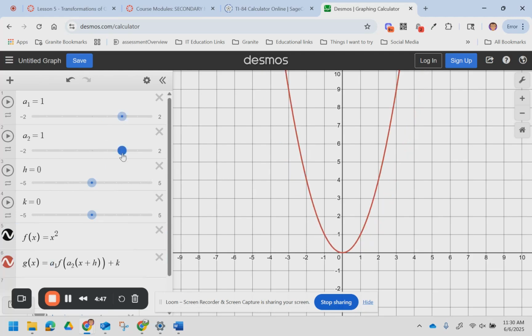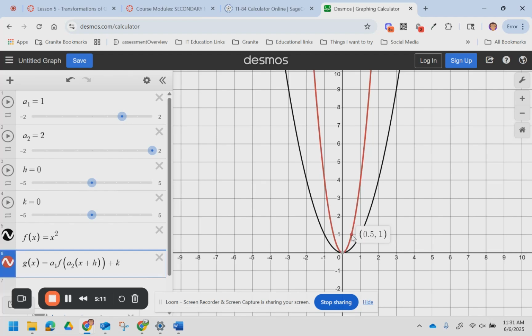What if we multiply the input? Okay, so it looks kind of similar, but notice we're not just twice as high anymore. There's a bit of a difference here. Instead, think horizontally. Whereas this one was out, where x was a 1, the child is now at 1/2 right there.